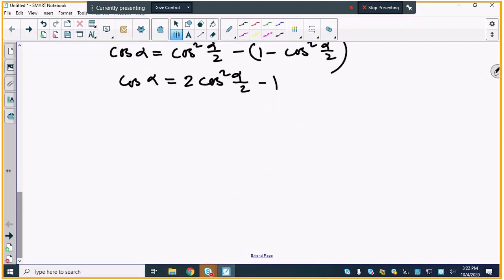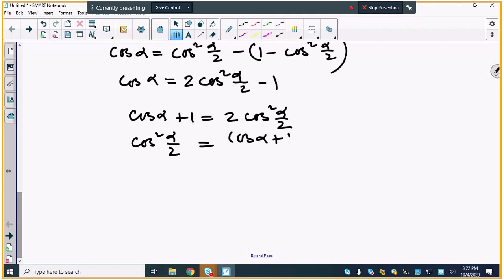So add 1 on both sides and you get cosine alpha plus 1 equals 2 cosine squared alpha over 2. As usual, divide both sides by 2 and you get cosine squared alpha over 2 equals (cosine alpha plus 1) over 2.